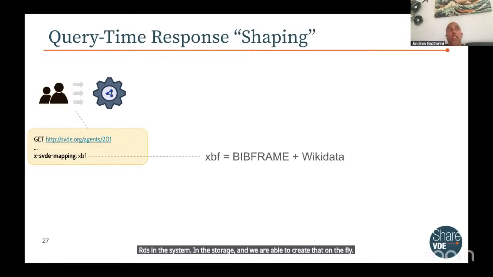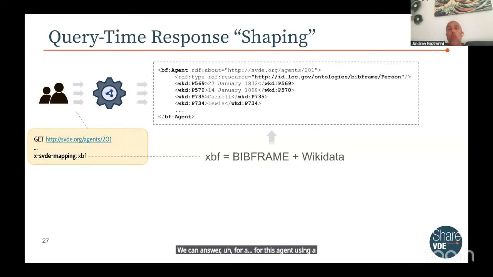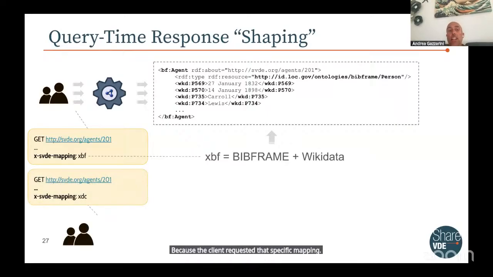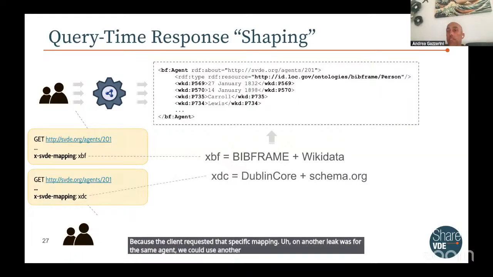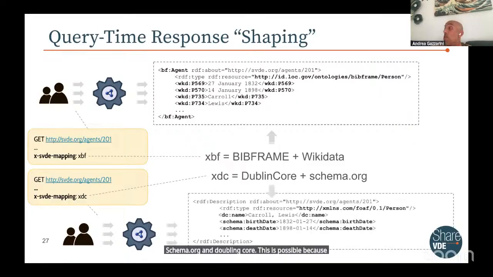That means that on this request, we can answer for this agent using a mix of the Wikidata and BibFrame ontology, because the client requested that specific mapping. On another request for the same agent, we could use another kind of mix, schema.org and Dublin Core. This is possible because, again, we produce this RDF on the fly.